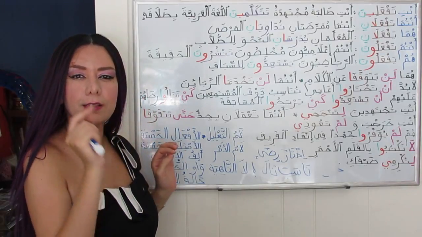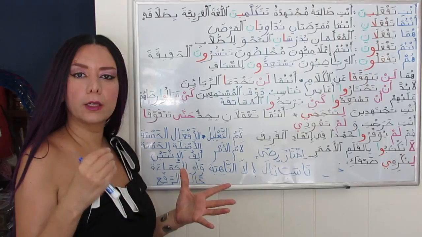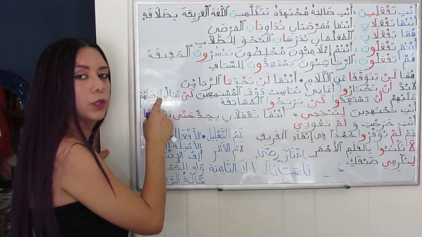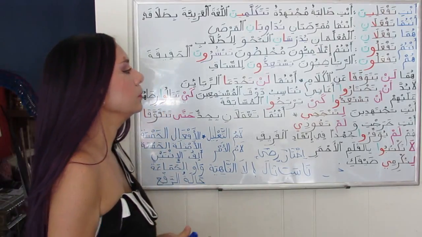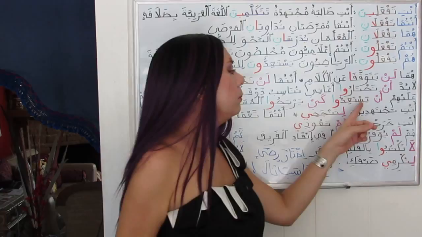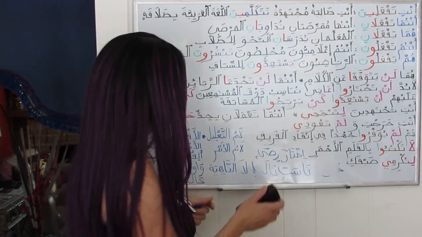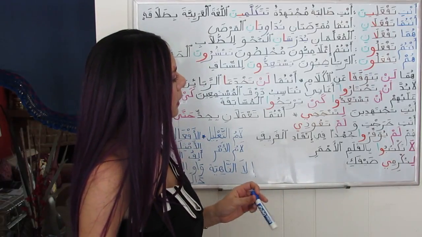That's why it is in the imperfect subjunctive, in the accusative case, because of the omission of the noon. Alright? عليهم أن يستعدوا. يستعدوا from the verb استعد. استعد is to prepare.